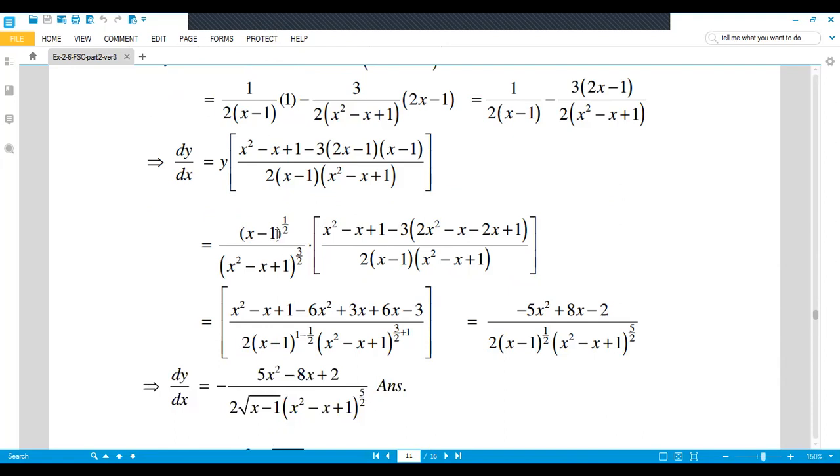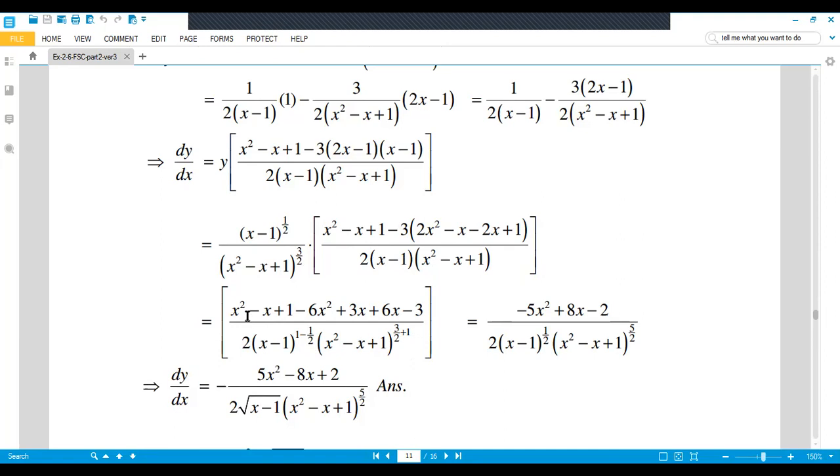This power will come on x minus 1 power 1 over 2. When we shift it to the denominator, it will be minus 1 over 2. The bases are the same, so their powers will be added: 1 minus 1 over 2. And here this one multiplies, again the bases are the same, so 3 over 2 plus 1.